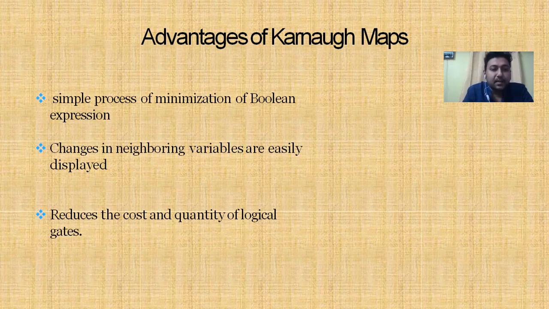It is best. And why is it effective? Because when we simplify an expression, the number of gates will obviously be reduced and the cost will be reduced. So obviously we can use Karnaugh map to simplify the logic.